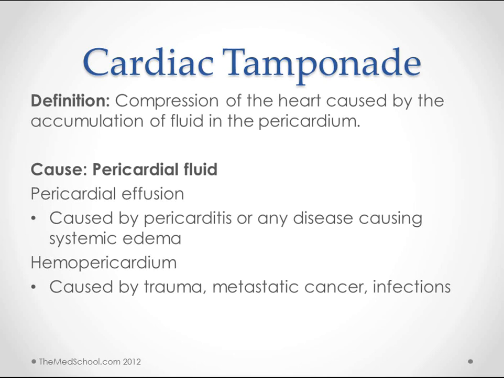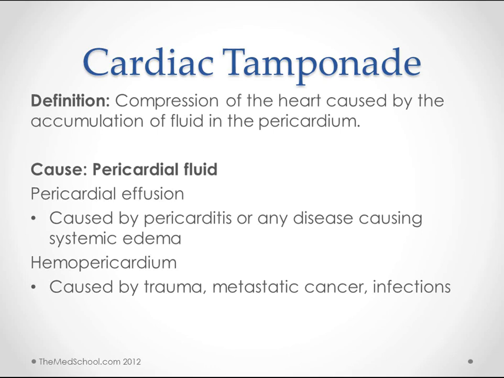Tamponade is just the compression of the heart caused by the accumulation of fluid in the pericardium. If the heart is getting compressed, it's obviously not going to be able to expand to fill and to have the same amount of cardiac output. The two major causes are effusion and hemopericardium, or blood in the pericardium. The pericardial effusion can be caused by pericarditis, but it can also just be any systemic edema.